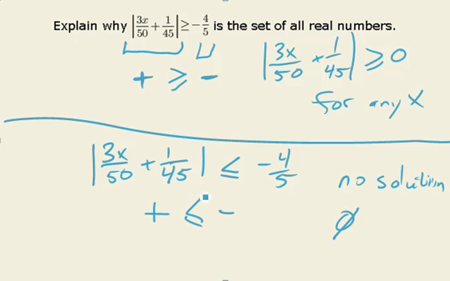So when you're doing an absolute value problem and you notice that one side is always positive and the other side is always negative, we don't have to do a lot of algebraic work. We just decide if the inequality is the correct direction, telling us that positives are bigger than negatives, in which case our solution is going to be everything, or at least everything that's in the domain.